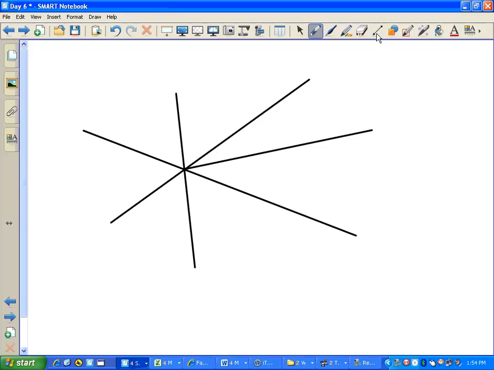So if I'm trying to find an angle that is vertical to this one, I'm going to trace the lines that make that angle. And where it comes out on the other side, this would be its vertical angle, which means it would have the same measurement. So if this is a 40-degree angle, this is also a 40-degree angle. And that's true for every set of vertical angles.